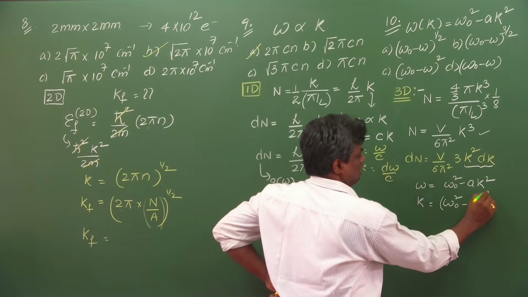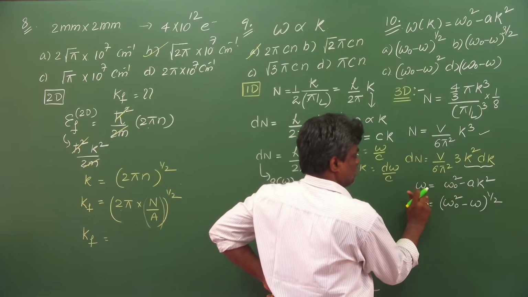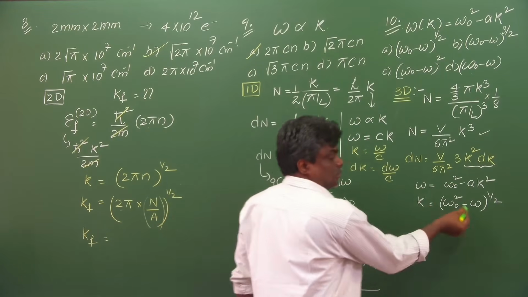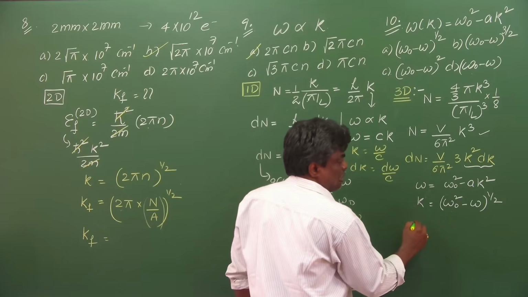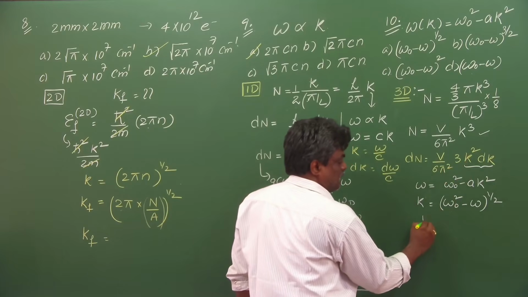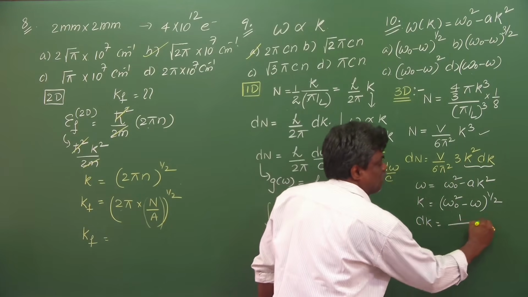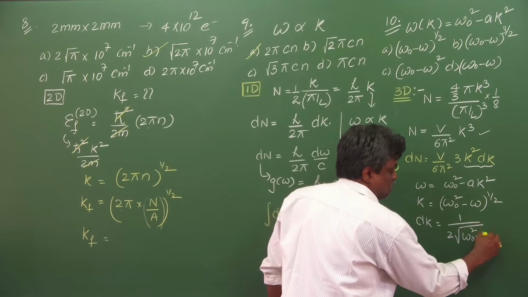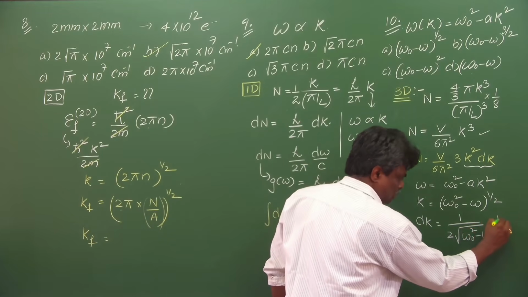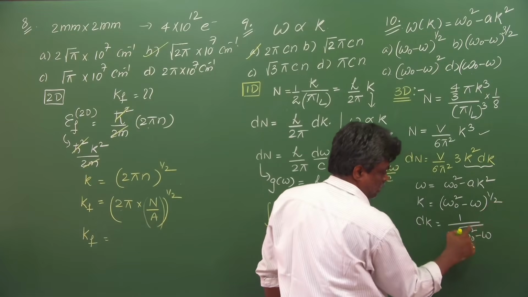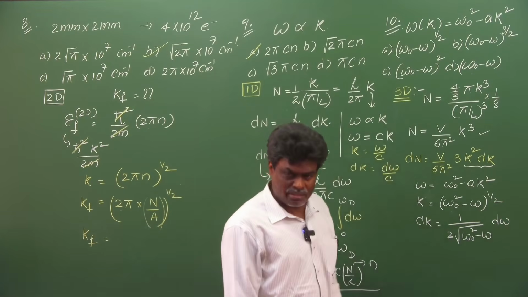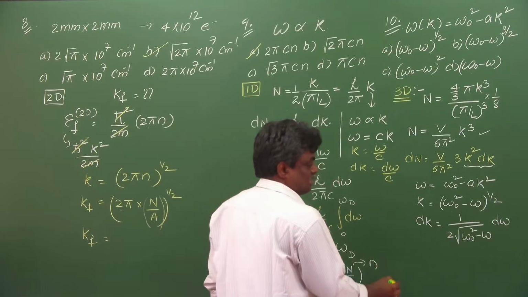I don't want a, since it is proportional. So k equal to this one. Now once you got this k, of course k square you will get. Say dk is 1 over 2 under root omega naught square minus omega into d omega. I don't want the minus.